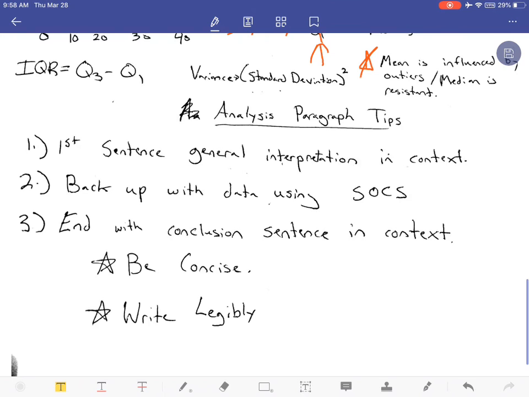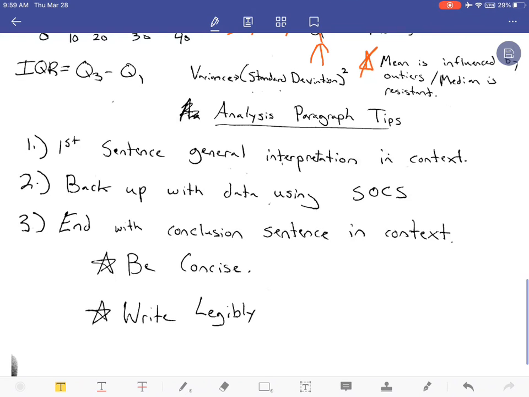So first, you want your first sentence to be a general interpretation of your results. Whatever the situation is, if you had to describe it to, say, a younger brother or sister, that should be your first sentence.